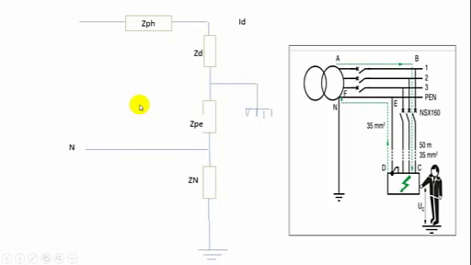Okay, so we have the formula: fault current equals voltage per the equivalent impedance of this circuit. Which voltage? The voltage of the network. When we have a fault current, we have characterized a short circuit. When we have a short circuit, we have a voltage drop of 20%.